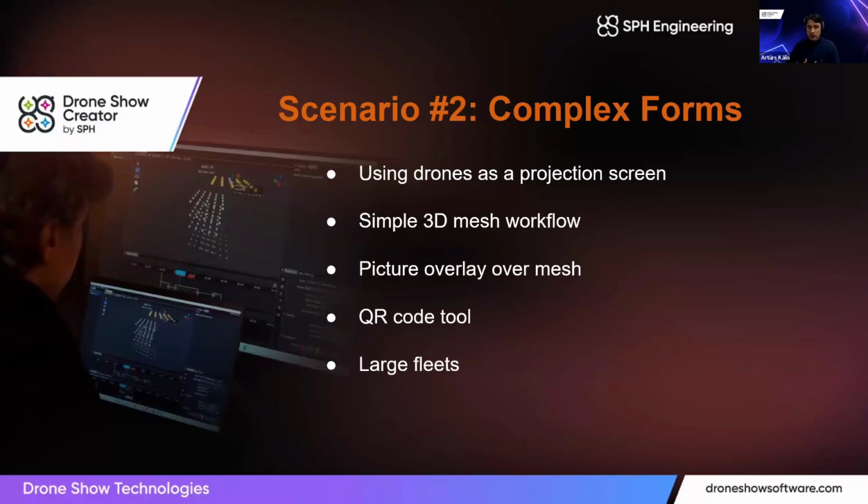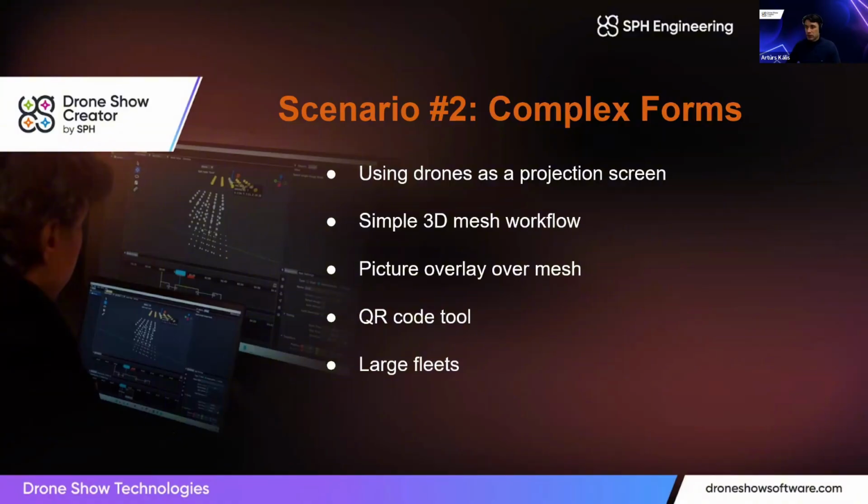Okay, so let me switch over back to the presentation. Okay, so that was the first scenario we had prepared for you guys, and I have another scenario here for you, which will touch on the following aspects. So, using drones as a projection screen. So, how to use that as a huge screen in the sky with a video overlay.